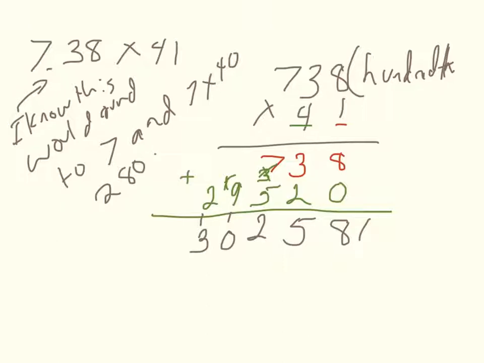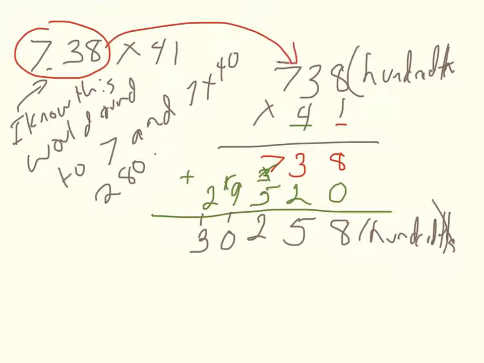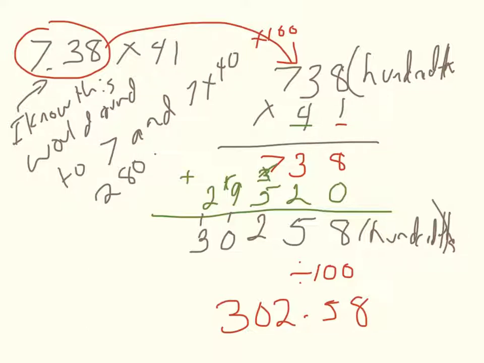So this 2 is in the hundredths. So in order to move from 7.38 to 738 hundredths, we had to multiply by 100. So at this point we need to divide by 100, and that's going to give us 302.58.